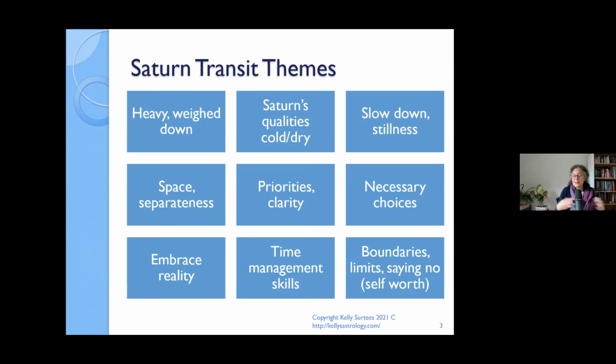The dryness of Saturn creates space and a quality of separateness. And sometimes we're in situations where we have an appropriate amount of space and then we end up with more than that. And when we have an excess of separateness, we can end up feeling lonely or isolated.